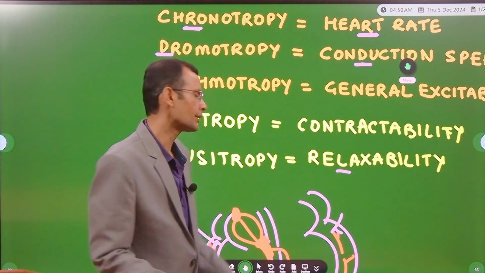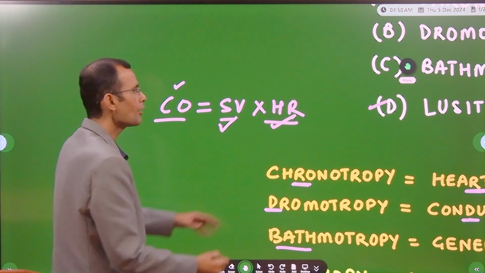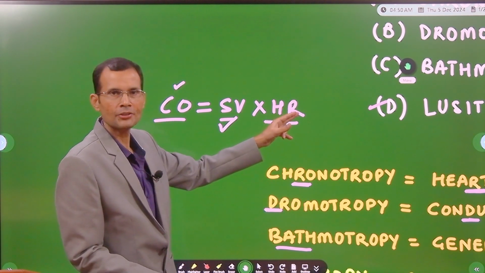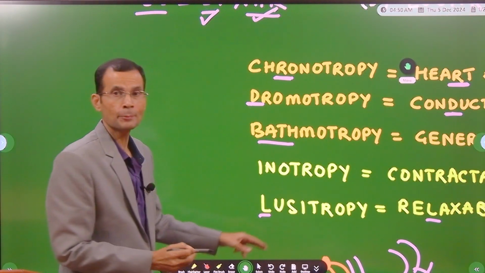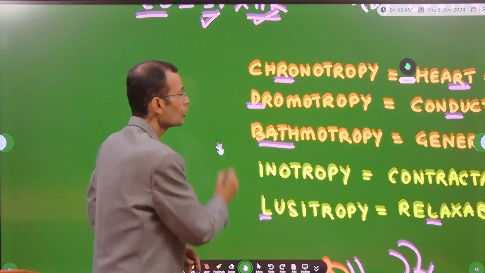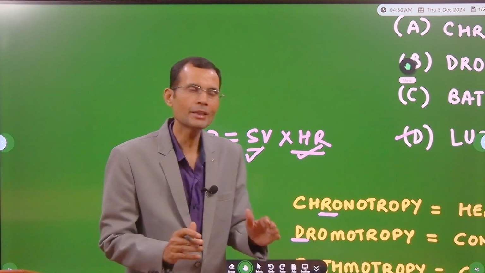So the first three effects will influence the heart rate and thereby the cardiac output. And the last two effects, particularly inotropy, will decide the stroke volume and therefore the cardiac output. Let that be clear.